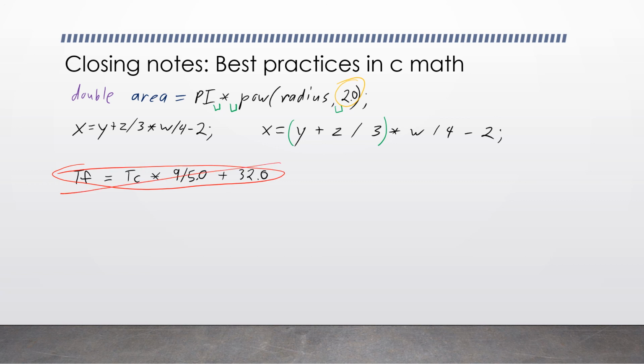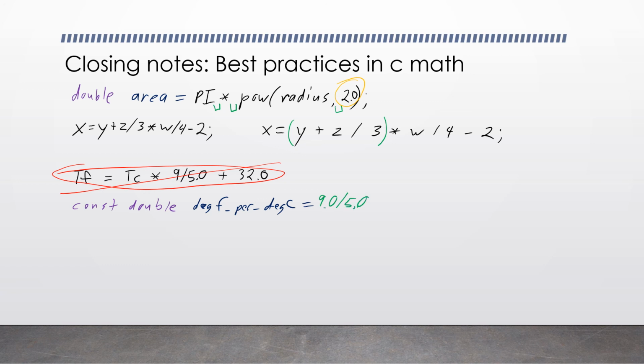Better takes a few more lines of code, but better is to say const double degrees F per degree C equals 9.0 over 5.0.